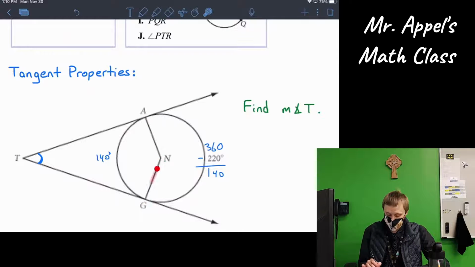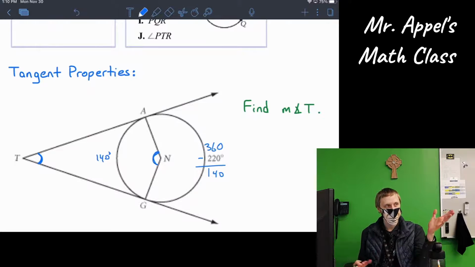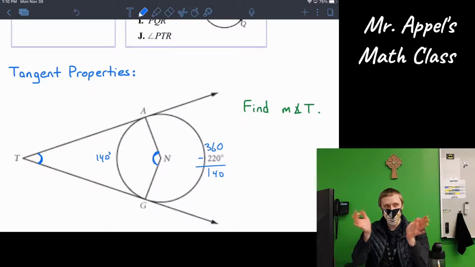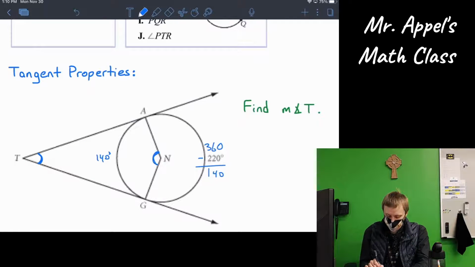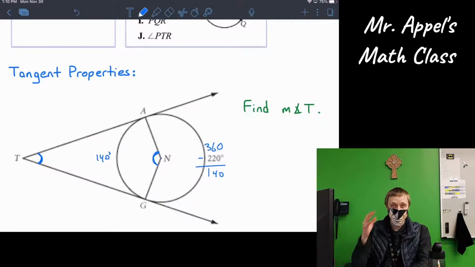And since this is made of two radii, this is a central angle. And if we recall, when we first looked at circles this year, the central angle, an angle formed by the center of the circle as your vertex, is equal in measure to the arc that it intercepts.